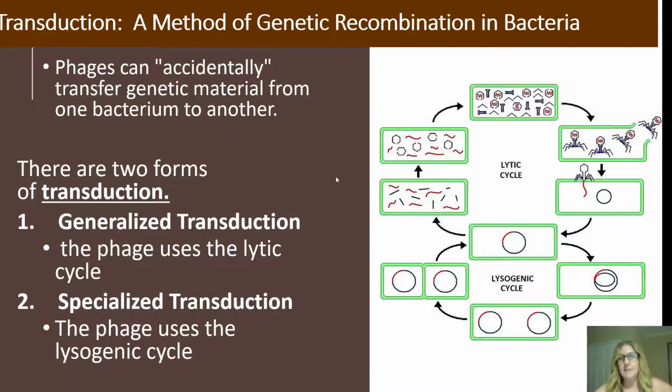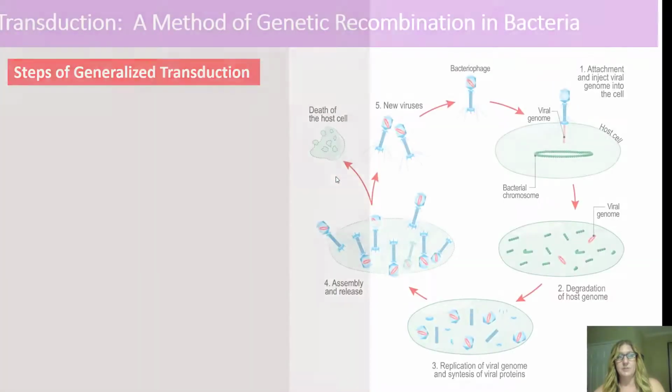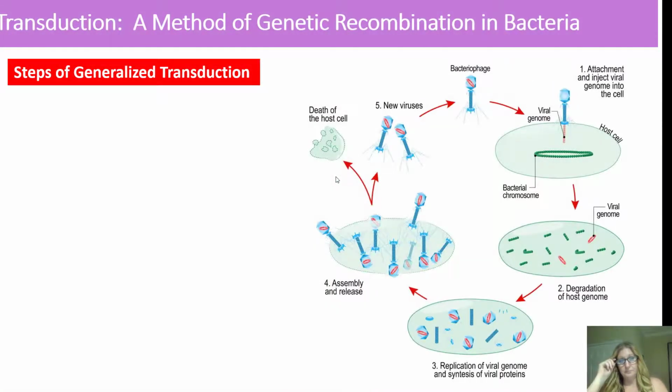What happens here is phages or viruses can accidentally transfer genetic material from one bacterial host to the next bacterial host. There are two different forms of transduction. We've got generalized transduction, which involves the lytic cycle, and then specialized transduction, which uses the lysogenic cycle.